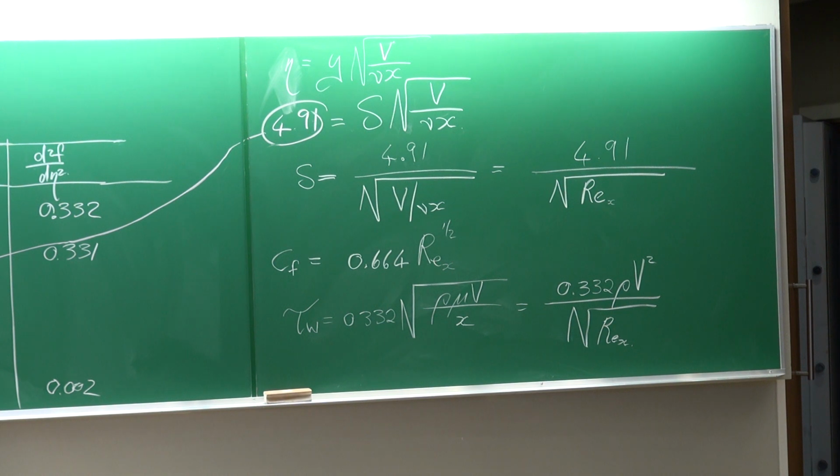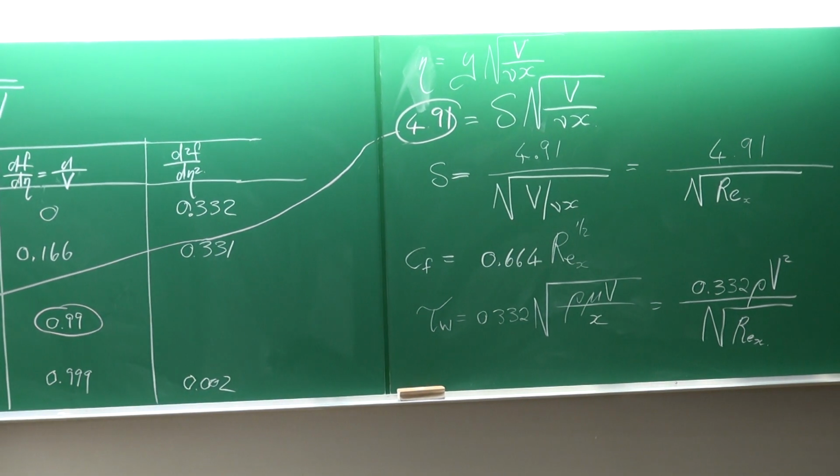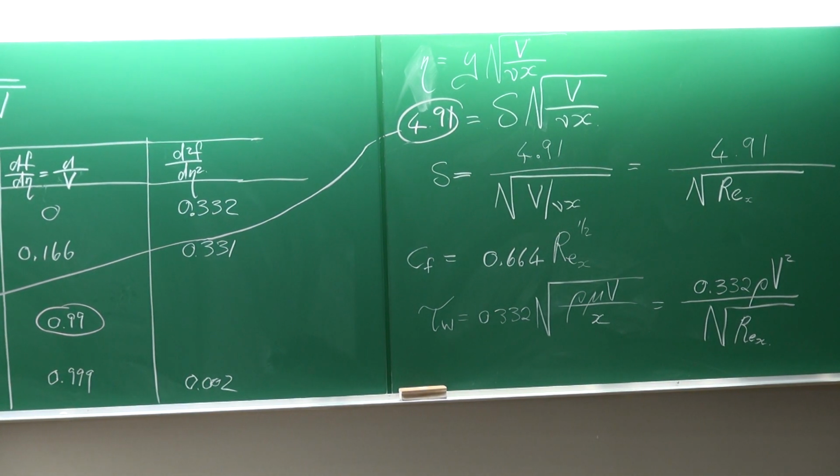Now that equation is very handy because it's one of the simplest geometries that can be considered. So if you, for example, have a truck with a container on, and that container is 10 meters in length, then it would be a good assumption to say, well, let's consider that area as a flat plate.